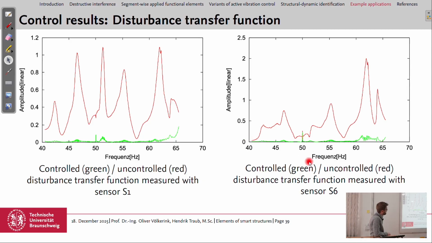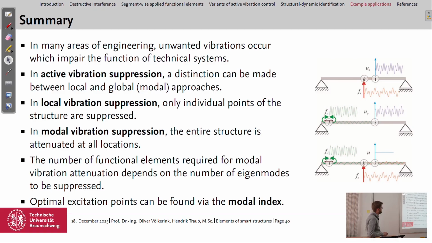And the same here for sensor 6, where we have here the second eigenmode, here's the third, and so on, and it worked also on this sensor. So the modal vibration suppression should work with this kind of installation or setup.